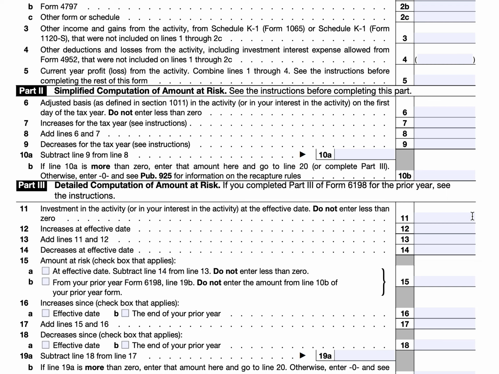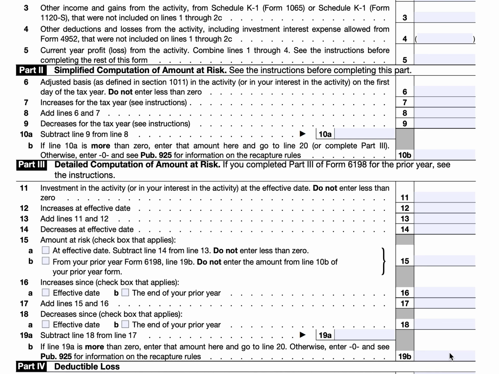So in line 15, you're going to check the box that applies, either the amount that's at risk, or if you completed part 3 in a prior year, you're going to take the number from line 19B. So you don't need to include this amount, the line 10B from your prior form.